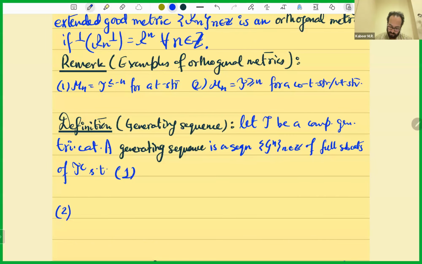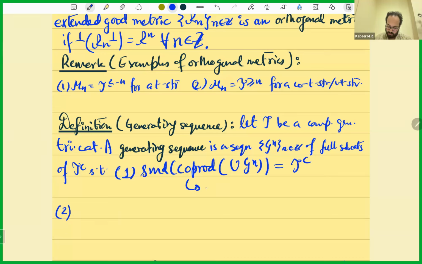The first is that they generate the compacts, and I'll make precise what these notions mean in a second. So this is the closure under finite coproducts and extensions, and all extensions, and this is the closure under summands.